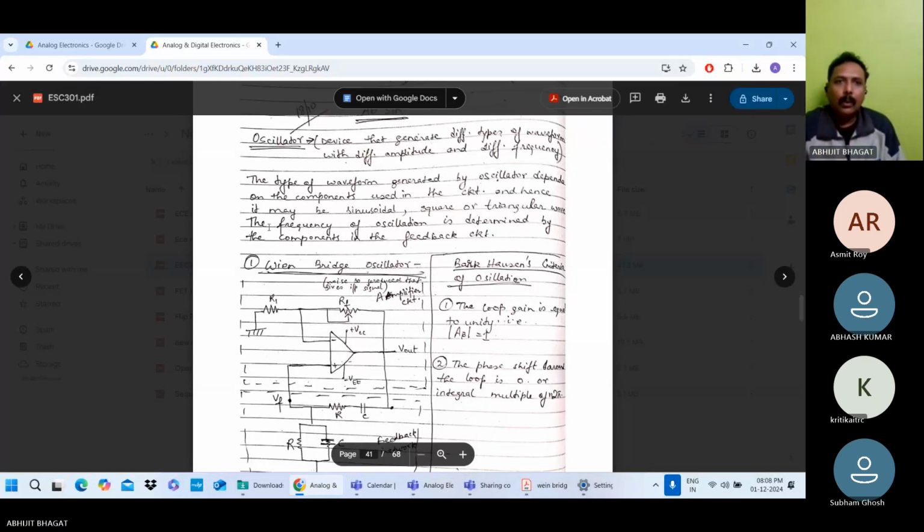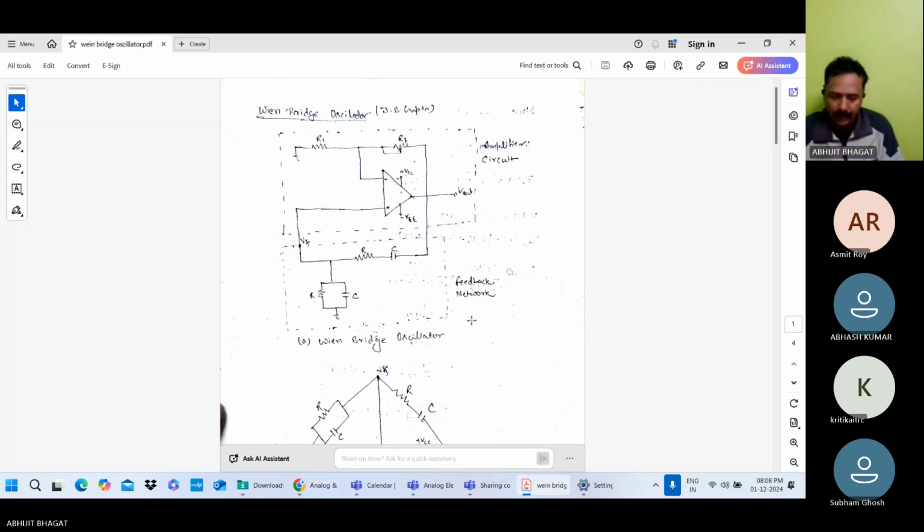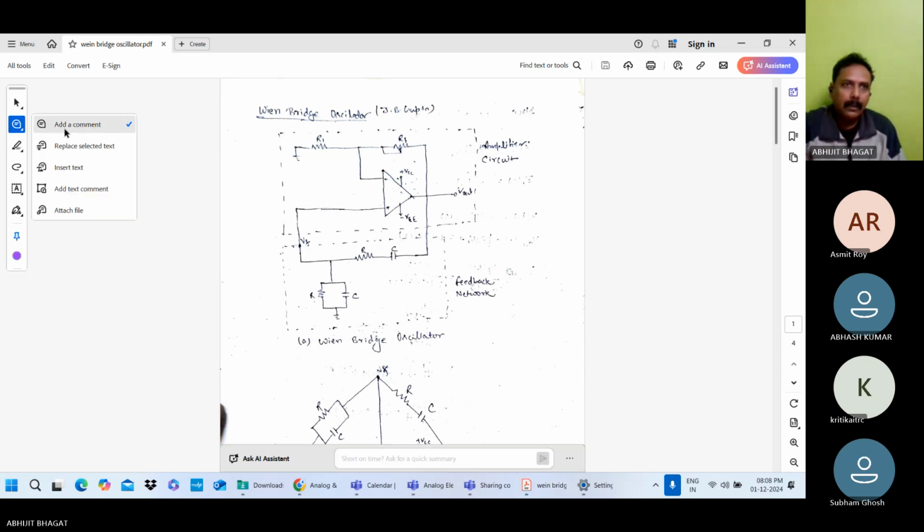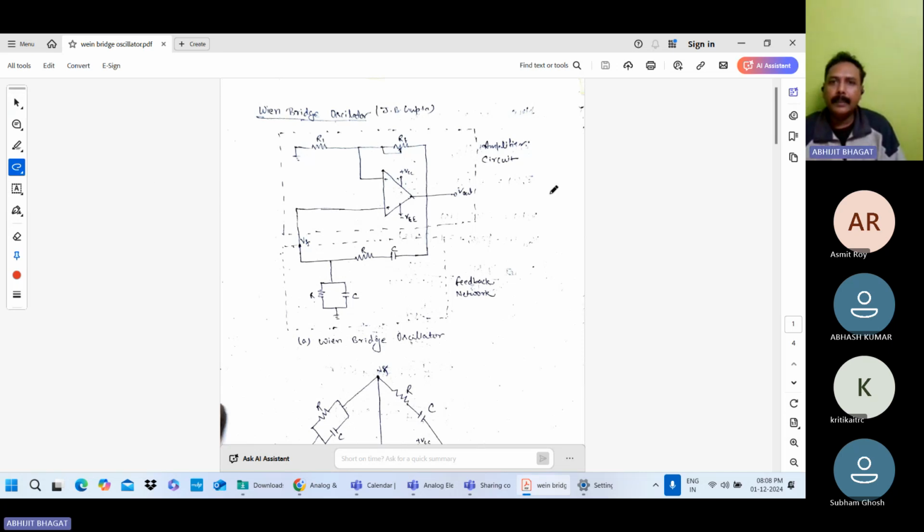Oscillation means your output is not stable. Across the output side, you are getting the oscillation.